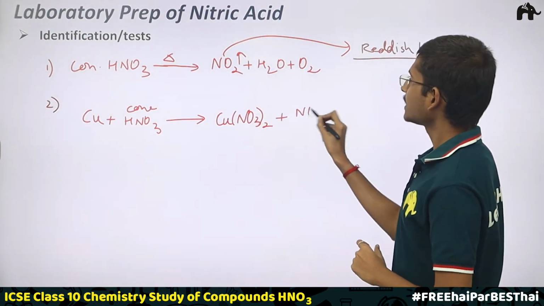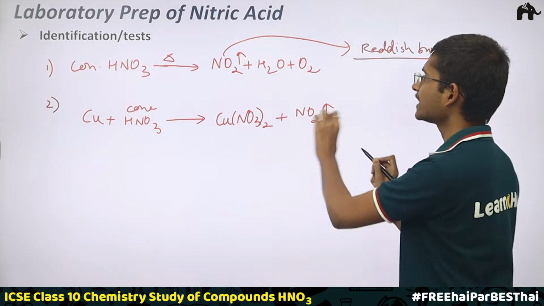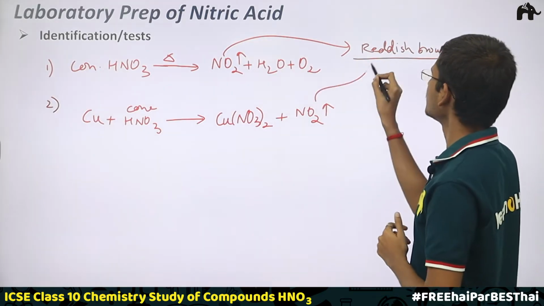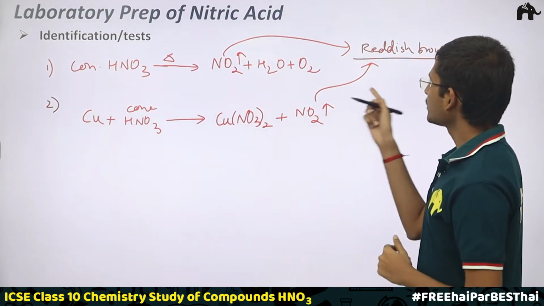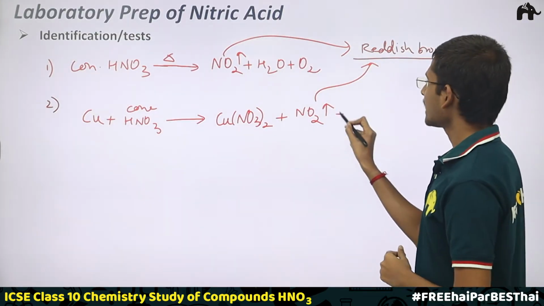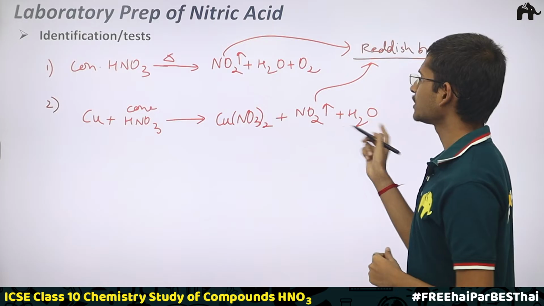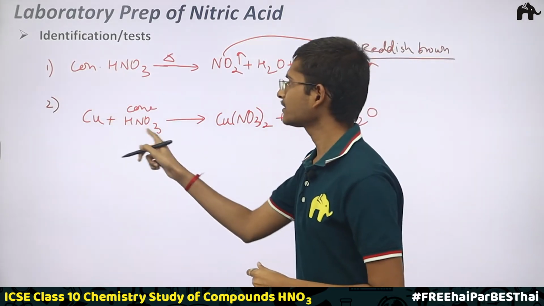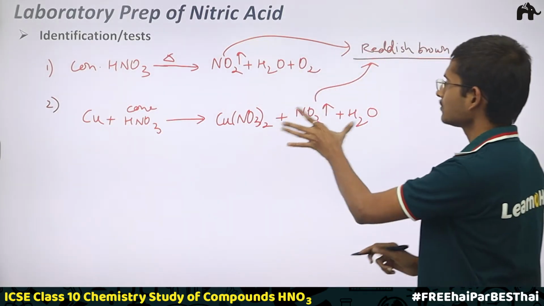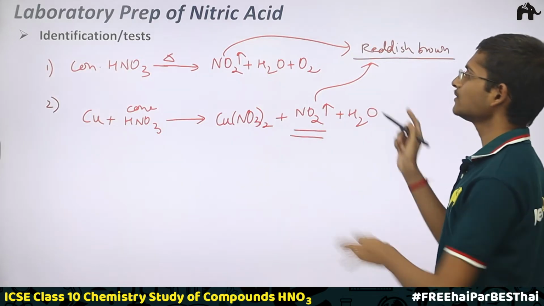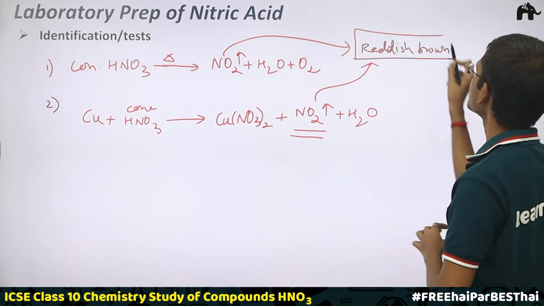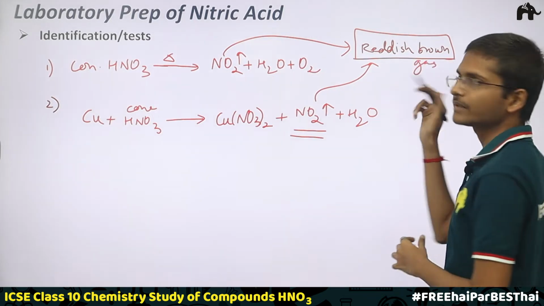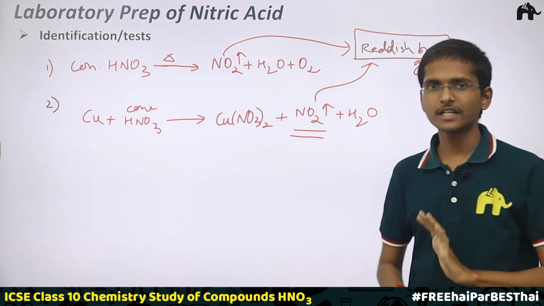Along with it, I would get nitrogen dioxide gas again. This is the only thing you would relate to the 2 reactions. And along with it I would get water. So copper nitrate, NO2 and H2O. Here again, by adding copper to concentrated nitric acid, we would observe reddish brown gas getting liberated, the same thing. Clear with this point?